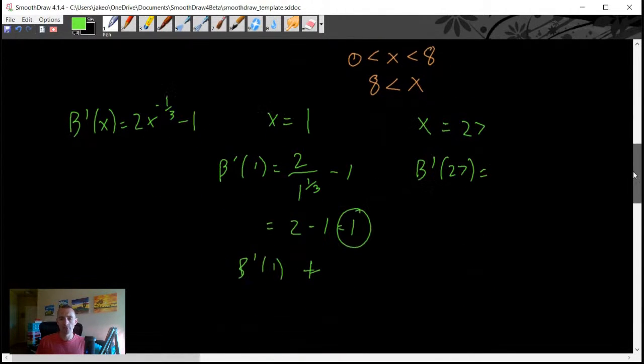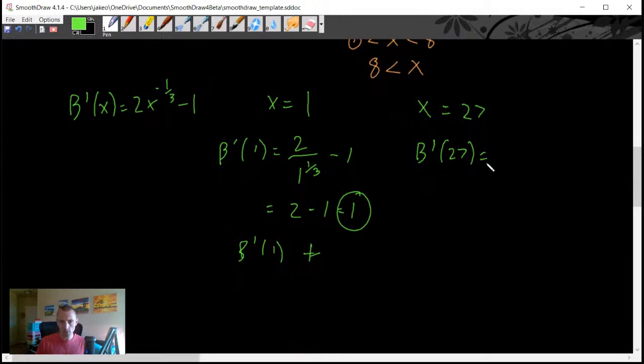Okay, now we need to find b prime of 27. So that's just going to be, again, 2 over x to the 1/3, which is 27 to the 1/3 power, minus 1. 27 to the 1/3 power is the same as taking the cube root of 27, which is 3.